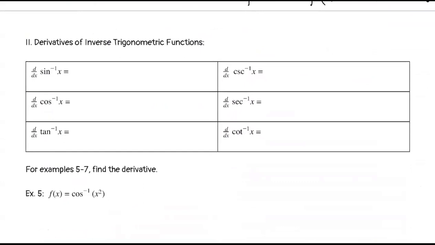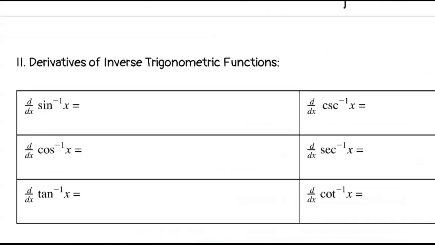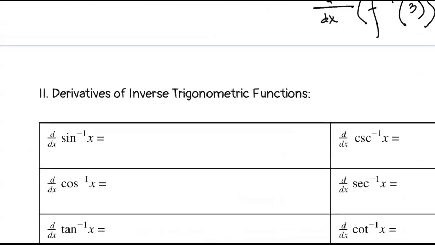Okay, so remember at the beginning we said inverse trig is different from reciprocal trig. And another way to write inverse sine of x is arc sine of x. And this is not the same as 1/sine x.